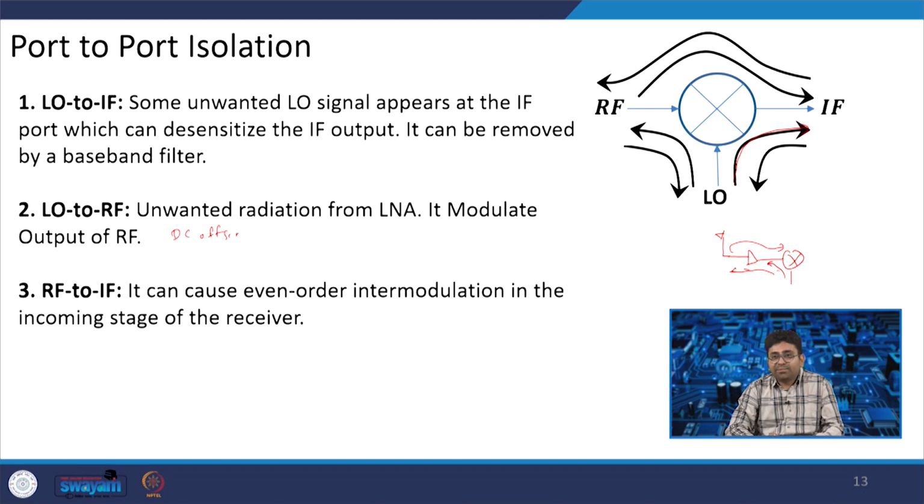Then RF to IF isolation. If some of the RF signal is feeding through to the IF, then it will cause even order intermodulation in the upcoming stages.